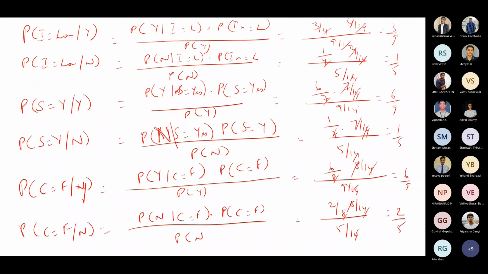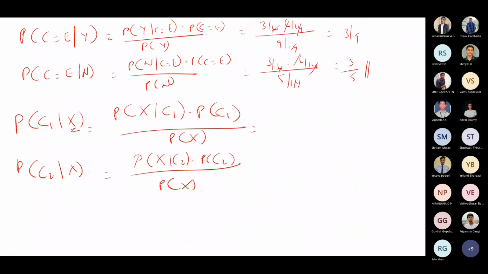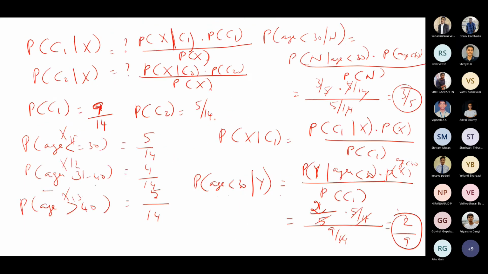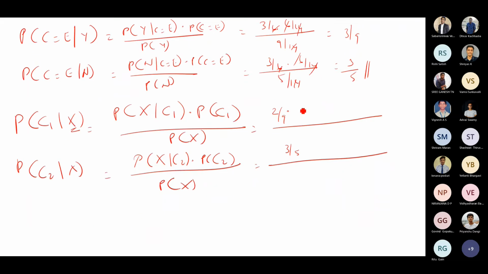So x given C1 is 2 by 9, x given C2 is 3 by 5. And then the next parameter to be classified is income equal to medium. So income equal to medium is yes, income equal to medium is no here. So 4 by 9 and 2 by 5 respectively.